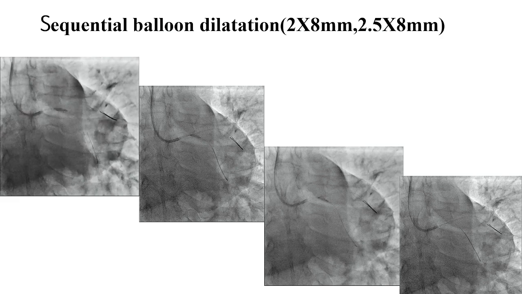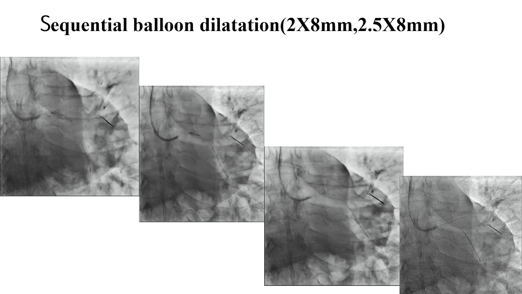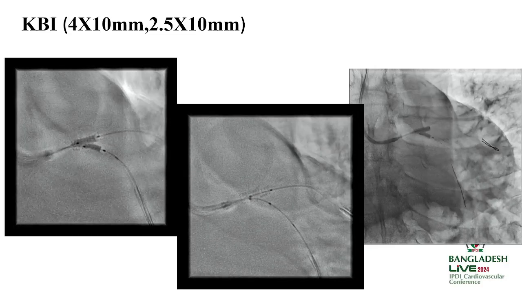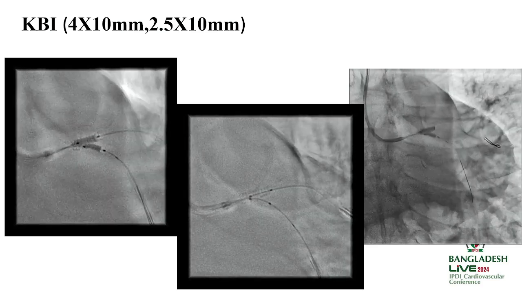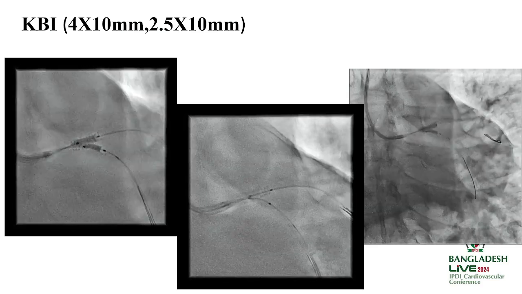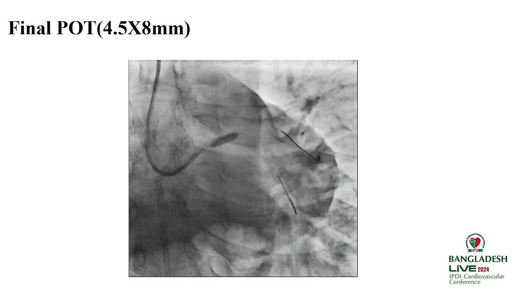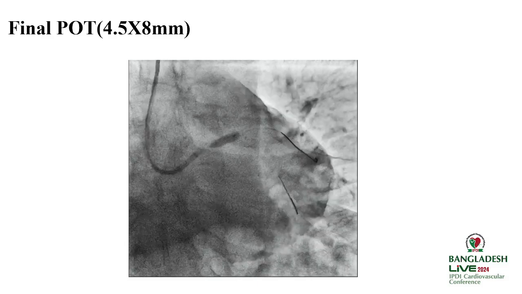Initially it was 2.8, followed by a 2.5 by 8 millimeter NC balloon. Finally, we did kissing balloon inflation with a 4 by 10 at the left main to ramus and a 2.5 by 10 millimeter NC balloon, and finally we did POT with a 4.5 by 8 millimeter NC balloon.